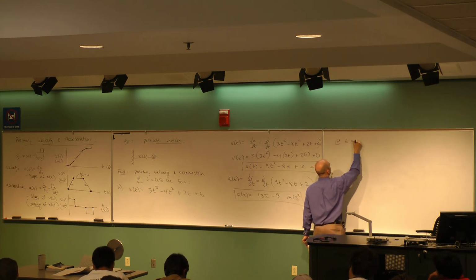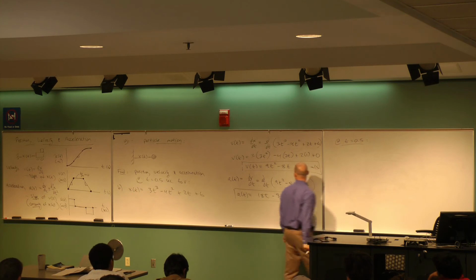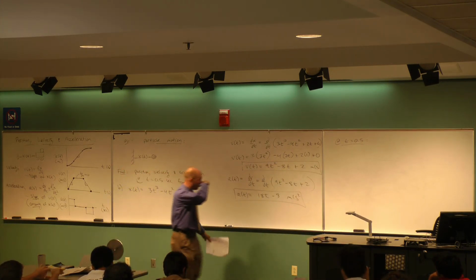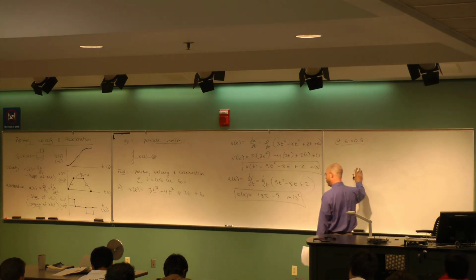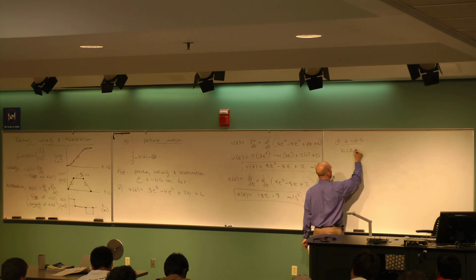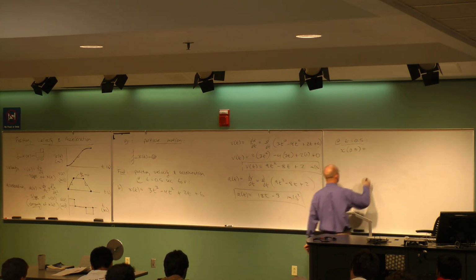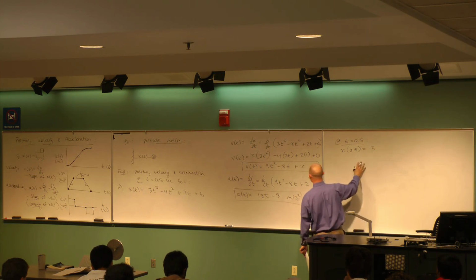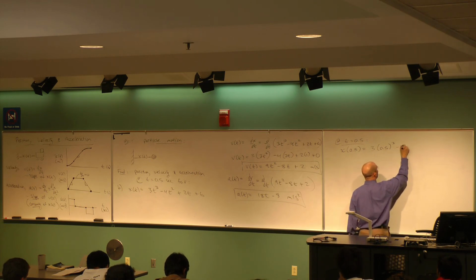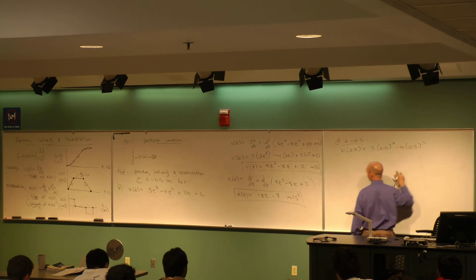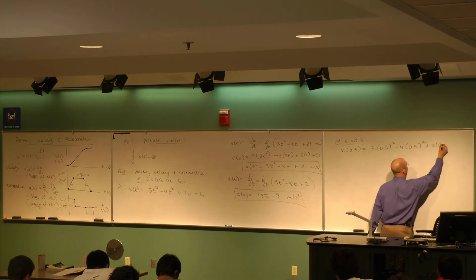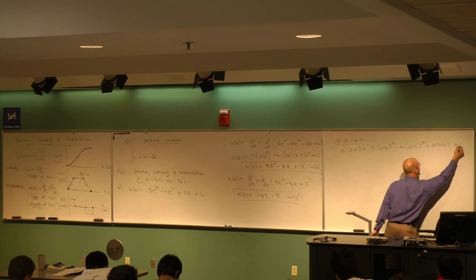So at t equals 0.5, I have to take each one of these and plug in the number. Unless you're good with decimals and cubes and such, you might want to pull a calculator out. x evaluated at 0.5 is 3 times 0.5 cubed, minus 4 times 0.5 squared, plus 2 times 0.5, plus 6.